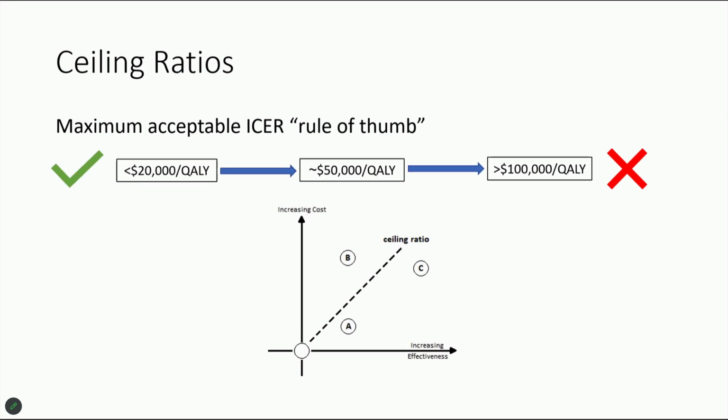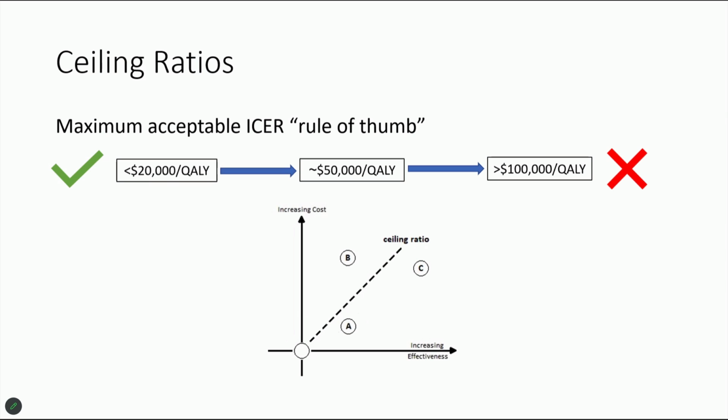So what's a good ICER? In other words, what's our willingness to pay? This is referred to as a ceiling ratio. The most widely adopted rule of thumb that we hear thrown around is $50,000 US dollars per quality adjusted life year. And this is actually derived from historic Medicare costs for 1 year of dialysis. And that's the origin of that number. It's not an exact science, though.